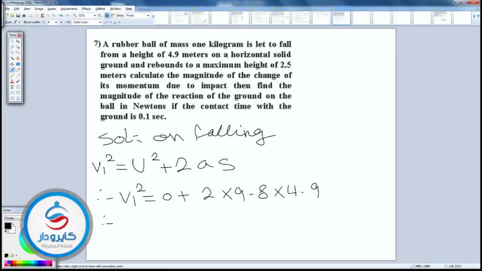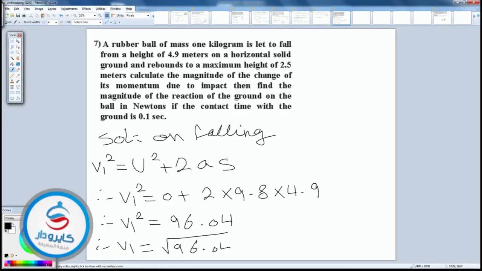Therefore, V1 squared equals 96.04. Therefore, V1 equals square root of 96.04 equals 9.8 meter per second.